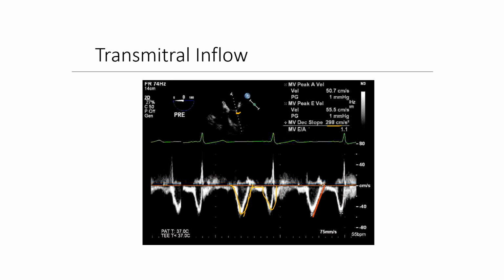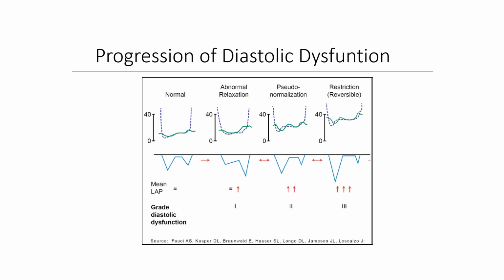And you can get the ratio of the mitral valve E to A wave. In a normal patient, the E wave is larger than the A wave because most of the filling occurs during that early relaxation phase when the ventricle is empty, the mitral valve opens, and you get that suction force in.